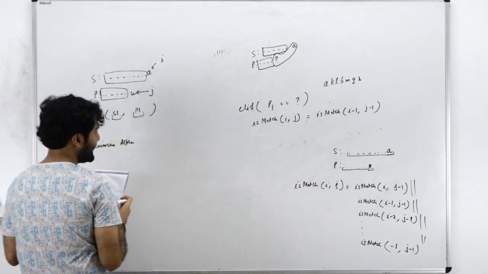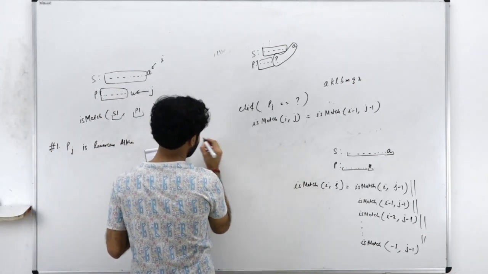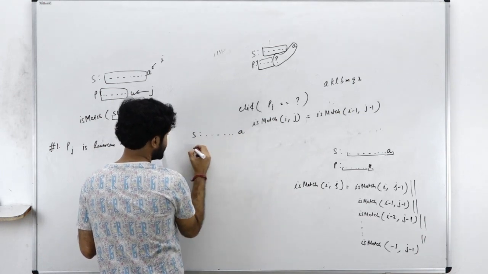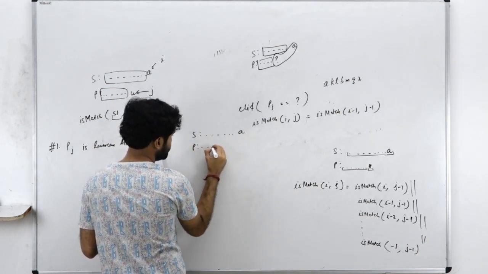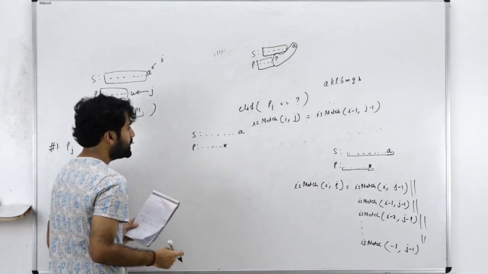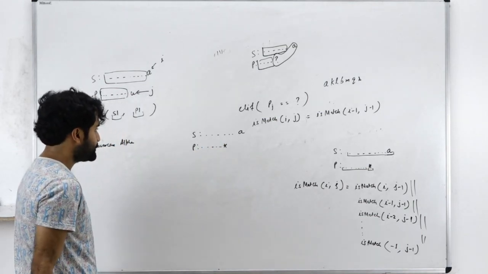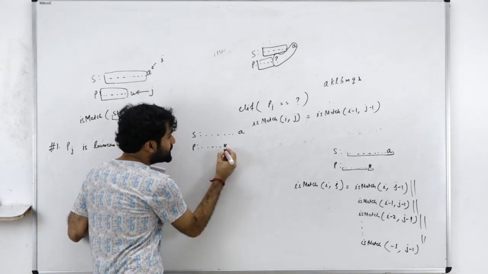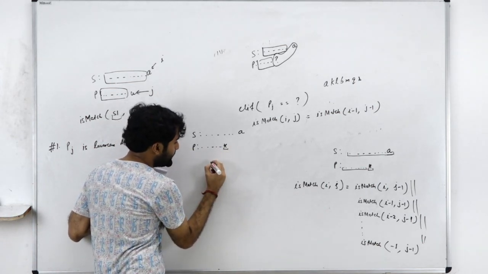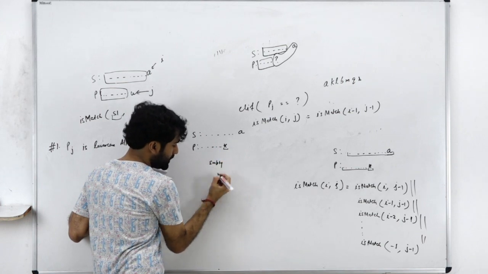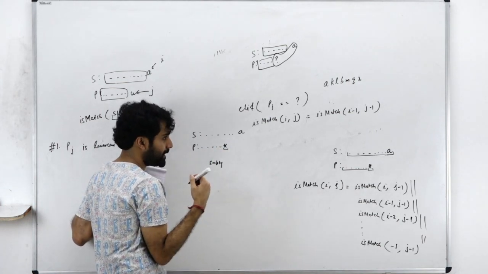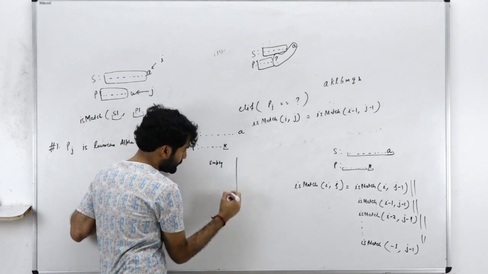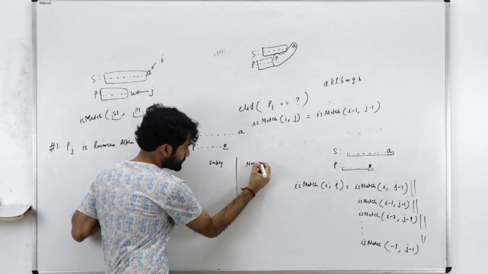So guys, let's say this was my string S, drawing it again, ending at A, and string P, ending at, let's say, star. Now, what I can say is that either the contribution of this would be empty, which signifies an empty sequence, or its contribution would be non-empty.